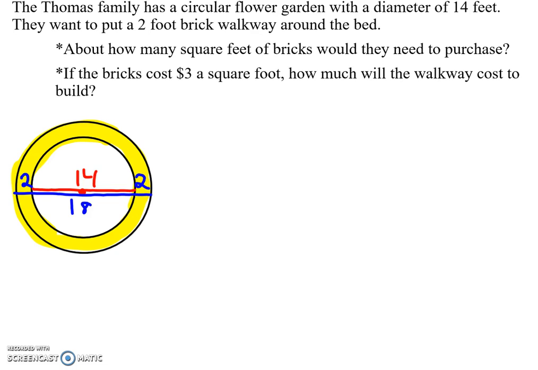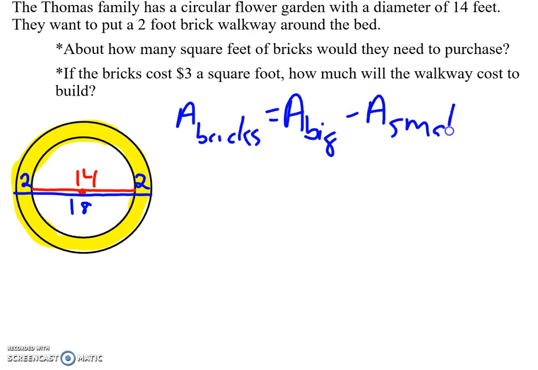So to figure out the total area of my square bricks, I want the area of the bricks. That's going to equal the area of the big circle minus the area of the small circle. Now, area of a circle, remember, is pi times the radius squared.